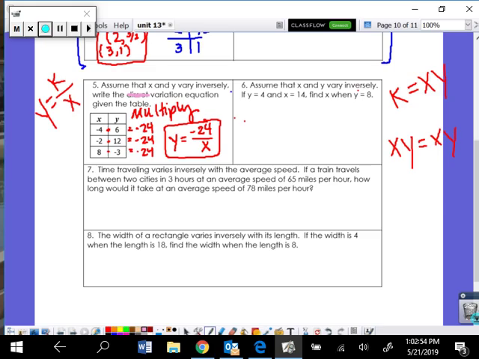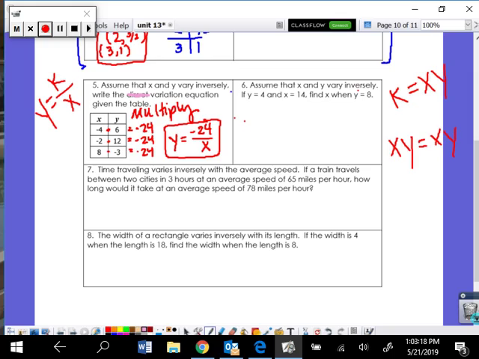For 6, 7, and 8, we're just setting up our setup for inverse variation. So if you look back at the original page that I gave you, the notes, you'll find our setup is just x times y equals x times y. So in number 6, assume that x and y vary inversely. If y equals 4 and x equals 14, find x when y is 8.